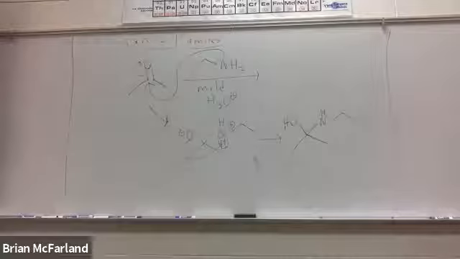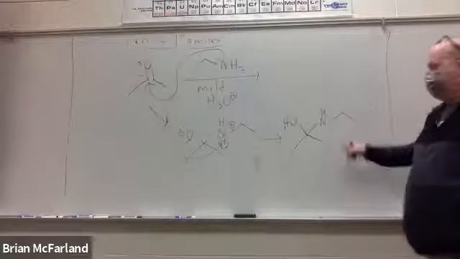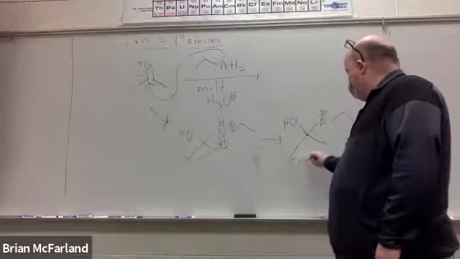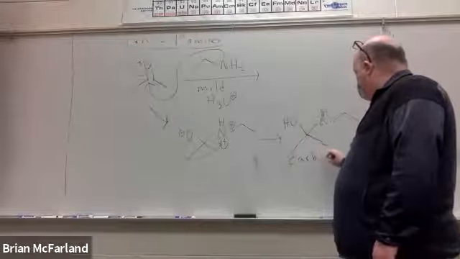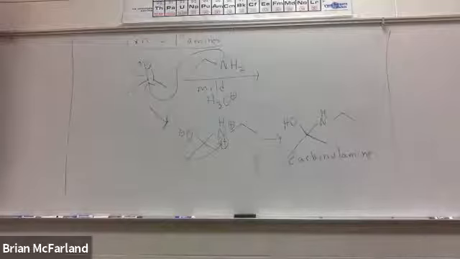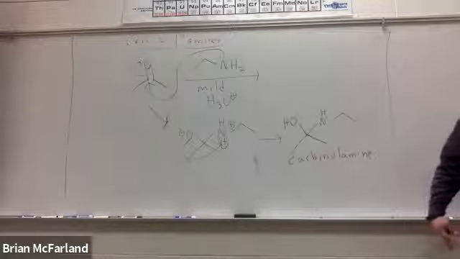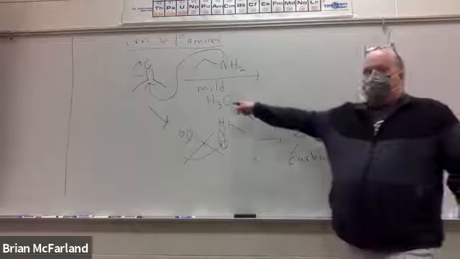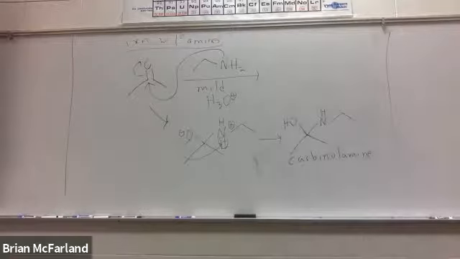And if you didn't have this in acidic medium, it would actually stop here. This is actually a fairly stable type of molecule called a carbinolamine. But honestly, for practical purposes, we don't really have much use for it. So we're going to keep on going with our acidic environment. We have hydronium. Acids like to give up protons, right?